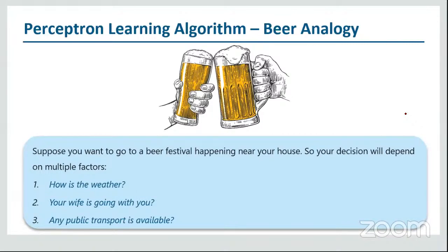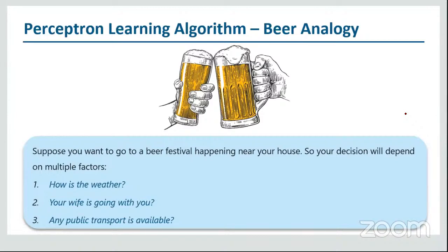You are very keen about how the weather is. Weather plays a role in deciding whether you want to go or not. Second, is your spouse accompanying? For people who are already married, this is one other fact which can influence whether they have to go or not. If their spouse is accompanying or not accompanying, they have a pointer to decide.